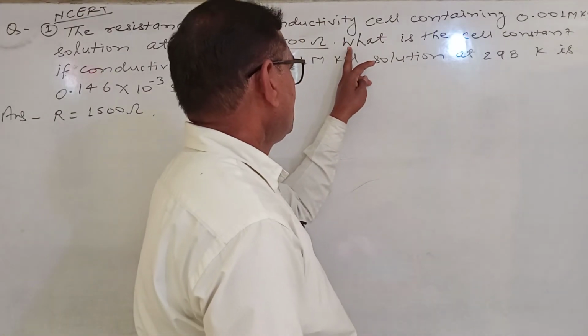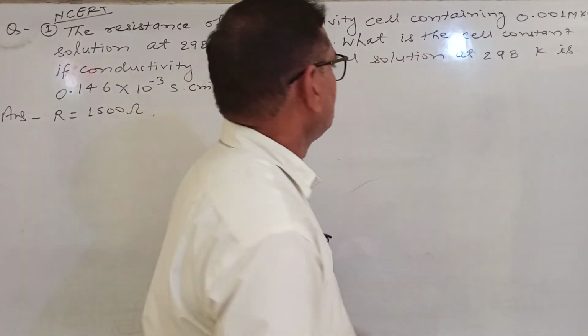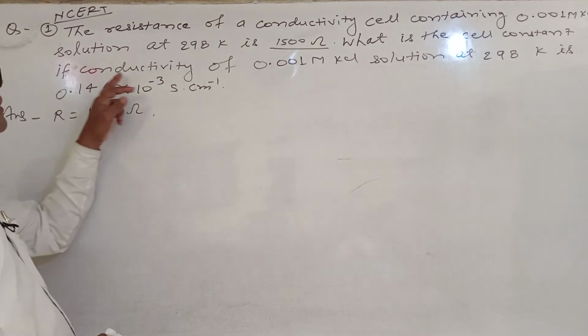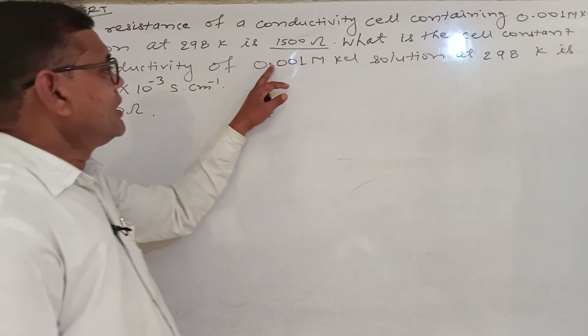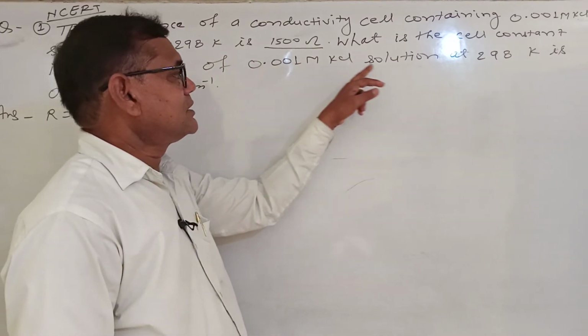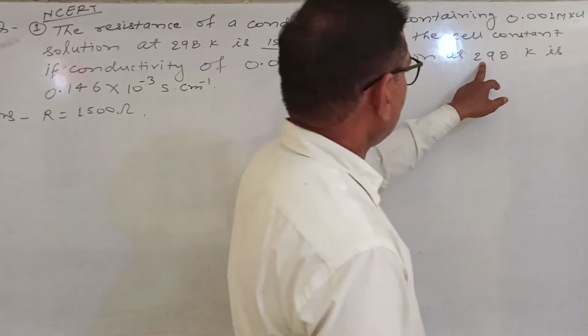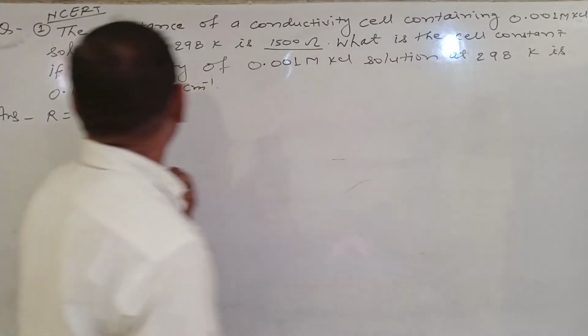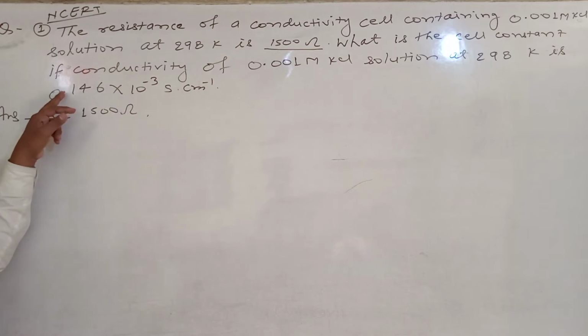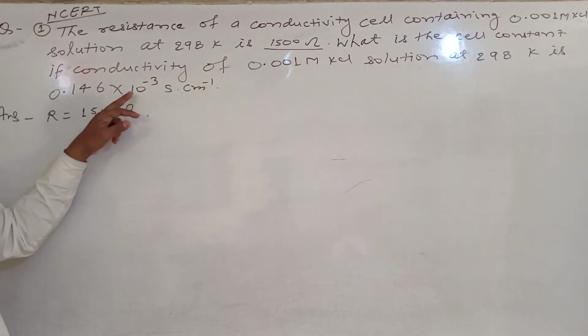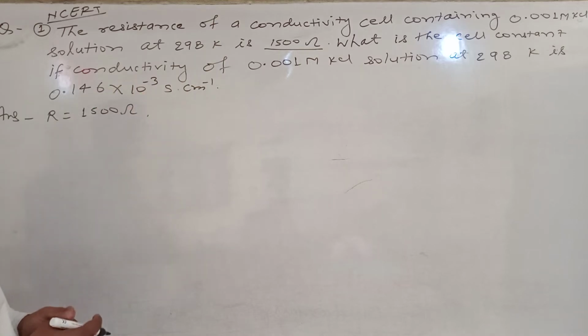Then, what is the cell constant if the conductivity of 0.001 M KCl solution at 298 Kelvin is 0.146 into 10 to the power minus 3 Siemens cm inverse.